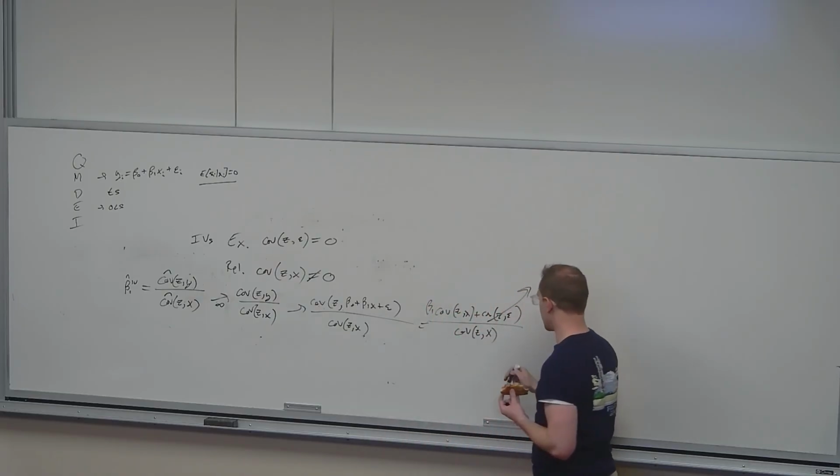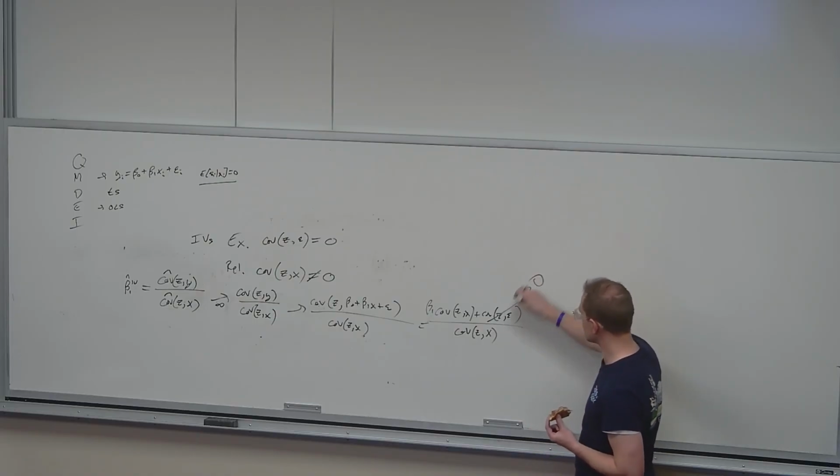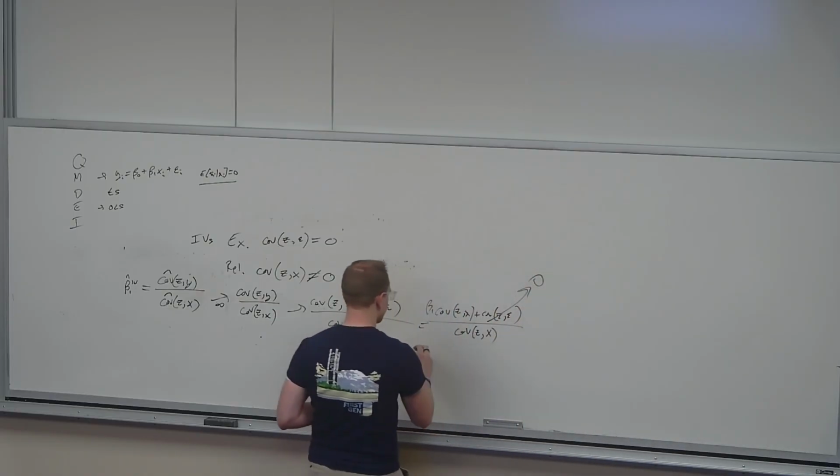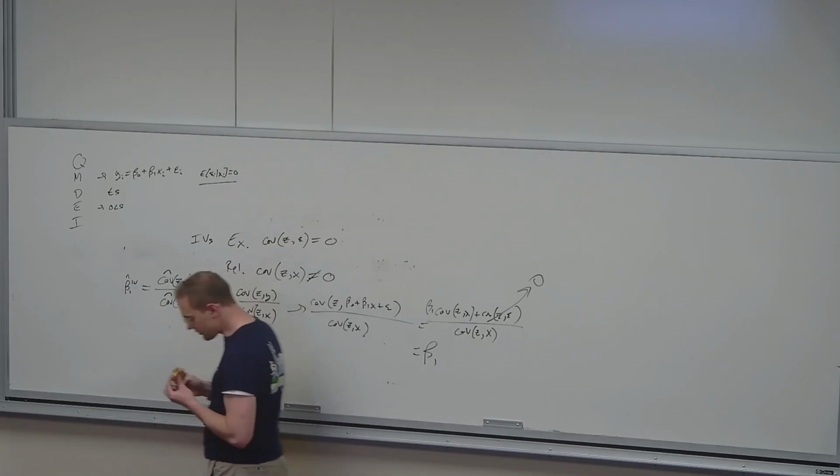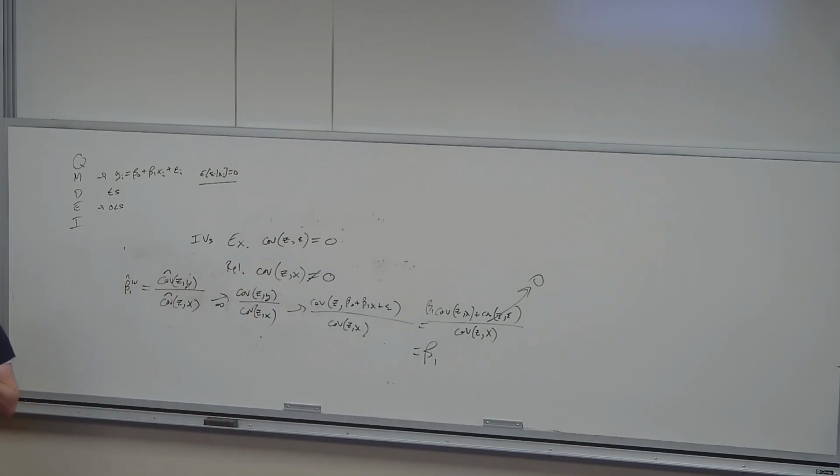Exclusion restriction, right? We assume that's 0. That's by assumption. Ta-da, beta 1. Cool.